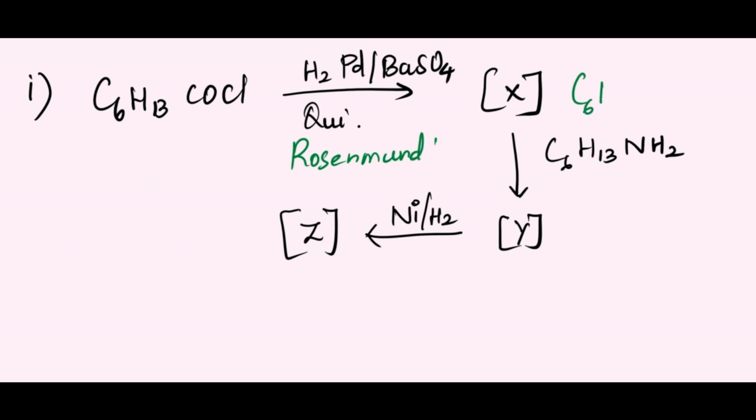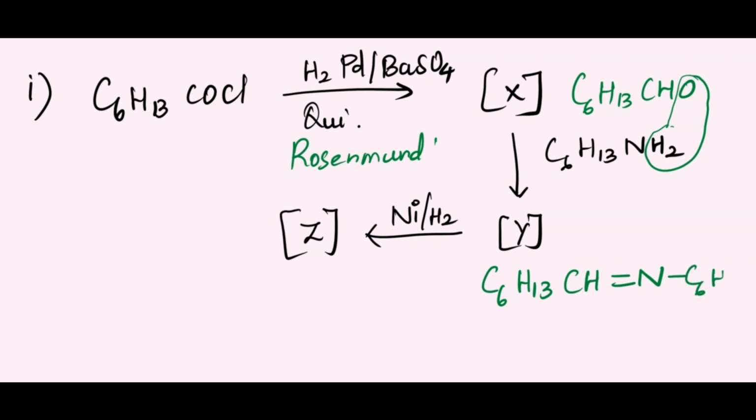Rosenmund reduction, which will give you C6H13CHO, and then with C6H13NH2, it is producing Y. With amine, water will be leaving the compound. So remaining, you have to write it as such. So C6H13CH double bond NC6H13.